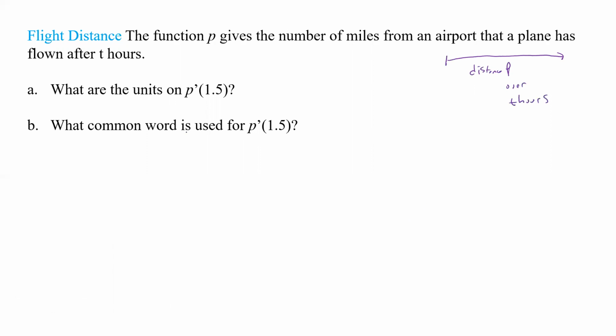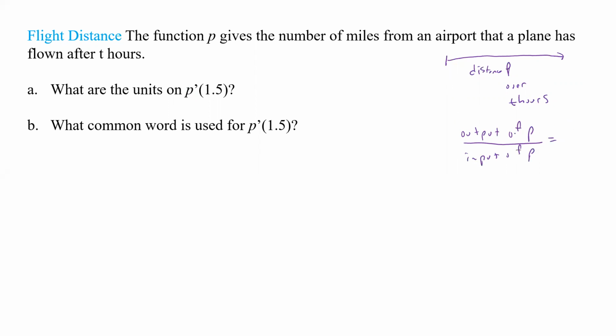Okay, so what are the units going to be on the derivative? Well, remember the derivative is going to have the output of p divided by the input of p.